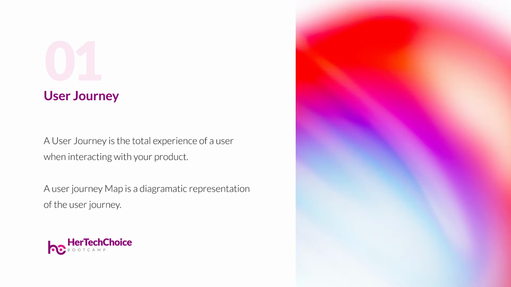This journey often consists of a number of website pages and decision points that carry the user from one step to another. Then, a user journey map is a diagrammatic representation of the user journey.